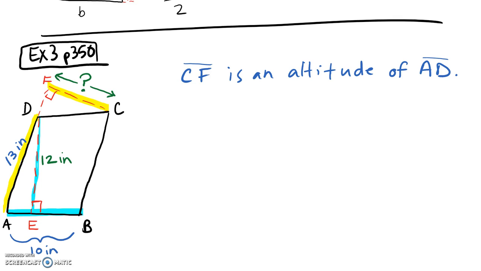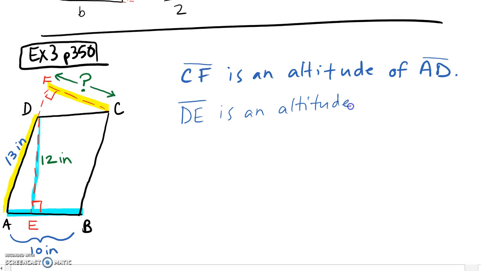In other words, DE is an altitude of, or to, AB because it's perpendicular to it. So why is that important? If you don't realize that, you can't actually do the problem. That's why it's important.